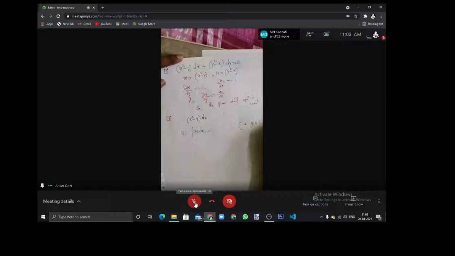And integration of N dy, calculate the integration of N dy. The integration of (y square minus x) dy equals y cube by 3 minus xy, as x is constant.